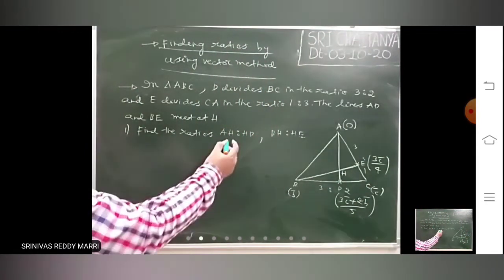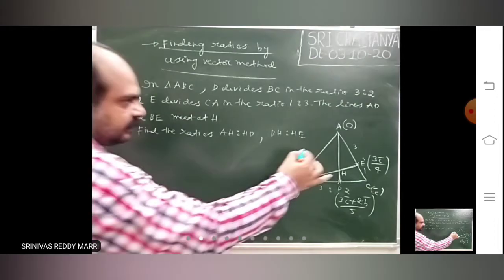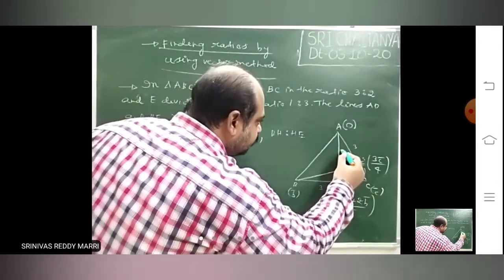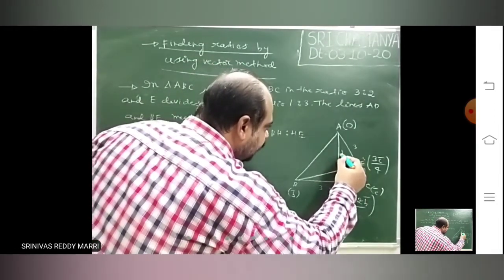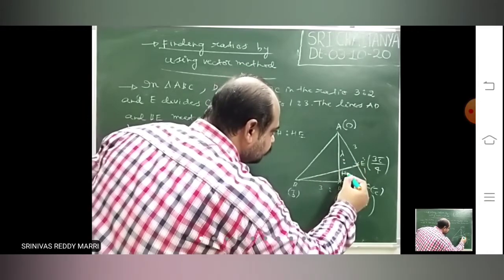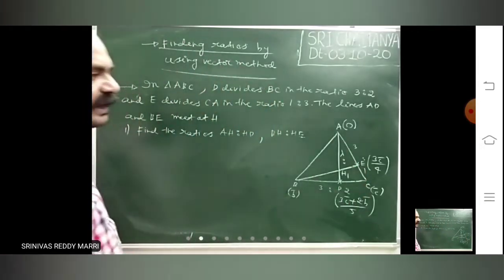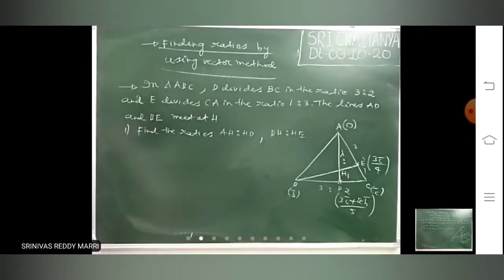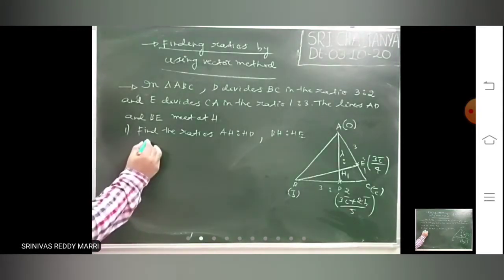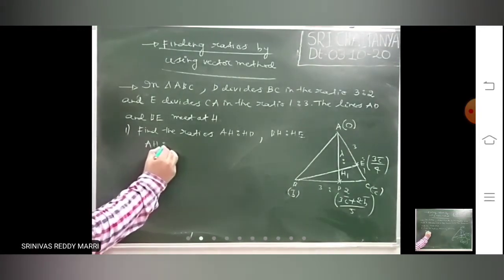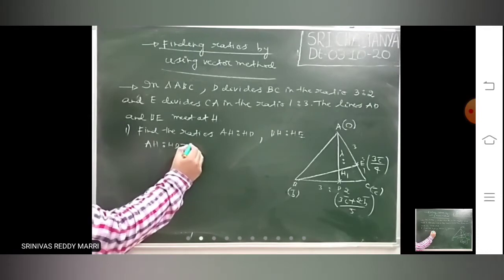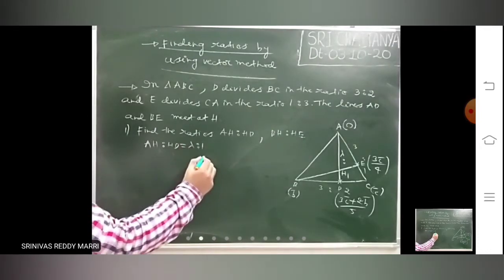Now for finding the ratio, look, AH is to HD is there. You take that as lambda is to 1. You can take M is to N also, but lambda is to 1 will be comfortable. So AH is to HD is nothing but lambda is to 1.